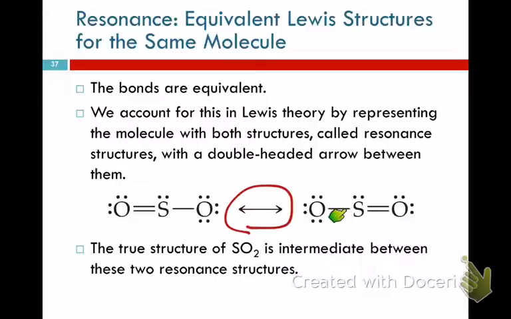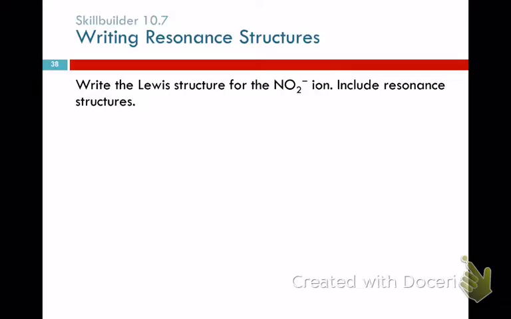And the answer is neither, because it's a hybrid. It doesn't actually ever look like this, right? But in general, double bonds are shorter than single bonds. But like I said, that's in the trick question realm, right? Will that be on the test? Maybe be on the test, maybe not. That's the trick. So we're gonna do nitrate or nitrite, and include resonance structures.